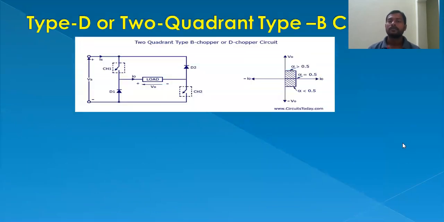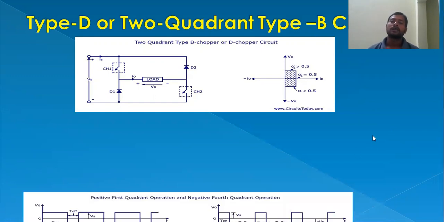We'll show the diagram. Type D chopper is another type of class B chopper. Class B chopper has first coordinate and second coordinate, while class D chopper has first coordinate and third coordinate. Already I discussed.